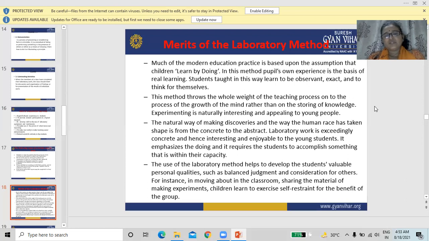For instance, in moving about in the classroom, sharing the material and making experiments, children learn to exercise self-restraint for the benefit of the group.